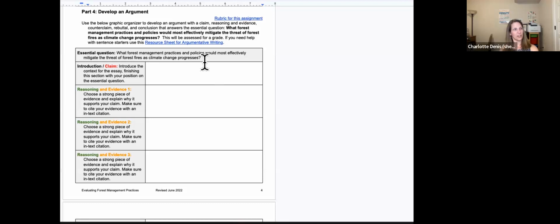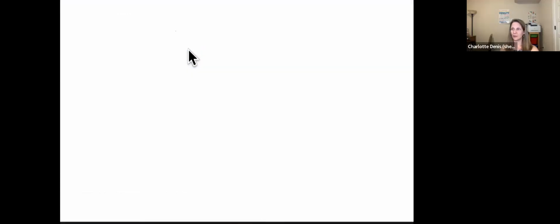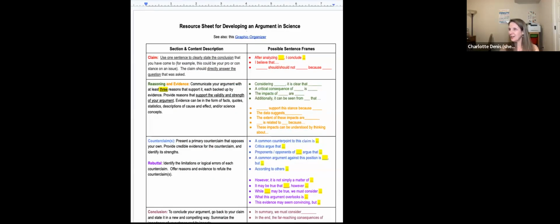There is a resource sheet for argumentative writing, which is linked here for students to use. It's color coded very similarly to our conclusion resources, because what are students actually doing in an argumentative piece? Well, they're basically writing a CER, right? Making a claim, providing evidence and reasoning from the resources they've collected.